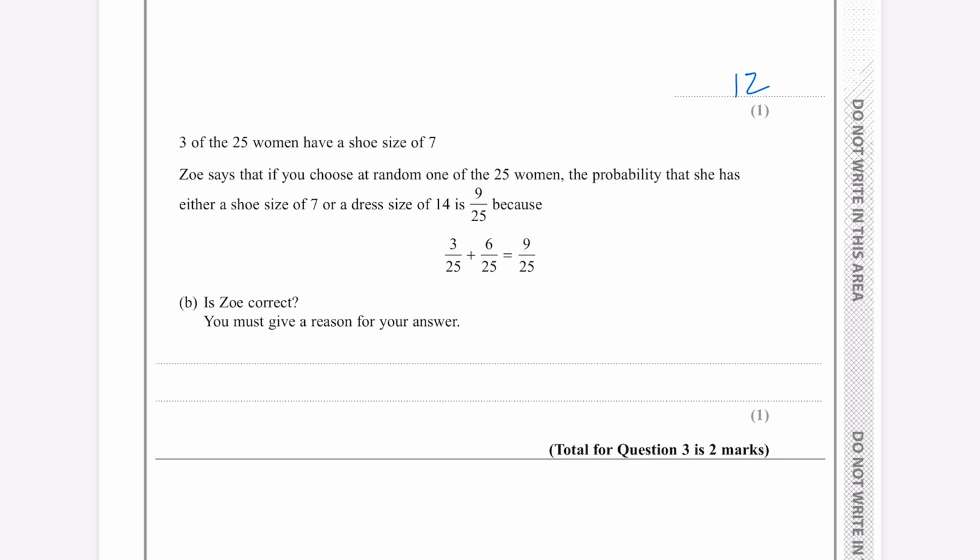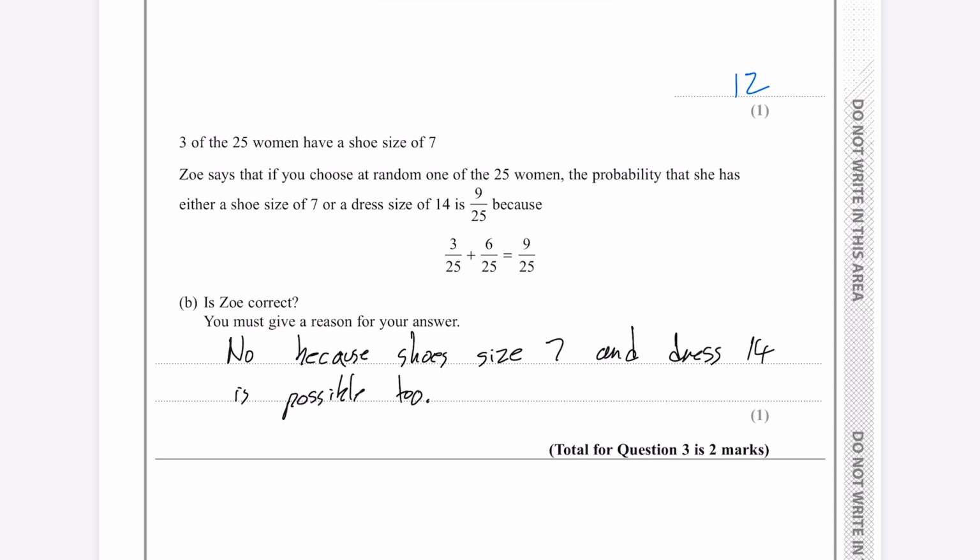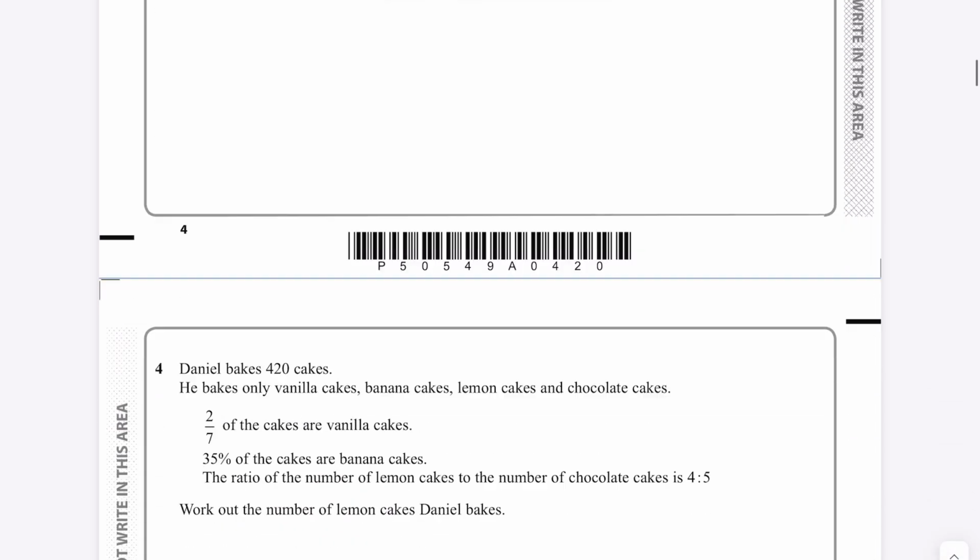No, because the events are not mutually exclusive, and what that means is you could have a shoe size 7 and a dress size 14 is possible too. They can both happen at the same time, both the events.